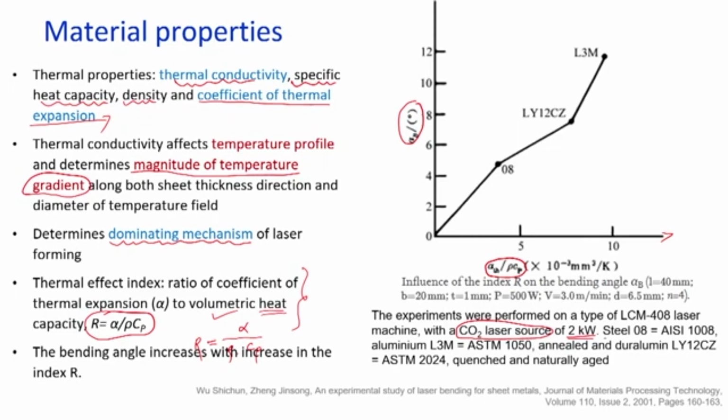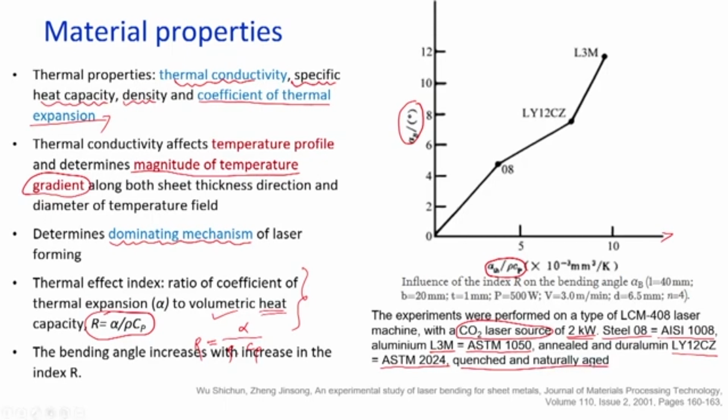The first material was steel 08, an AISI 1008 grade of steel. The next one is L3M, an aluminum alloy of standard ASTM 1050, and the next one is Ly12CZ, which is ASTM 2024. It is duraluminum, quenched and naturally aged.